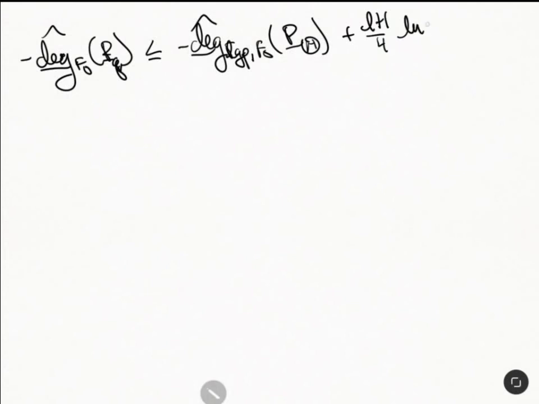ln, and we could just call this the average different, plus now we have some probabilistic terms.